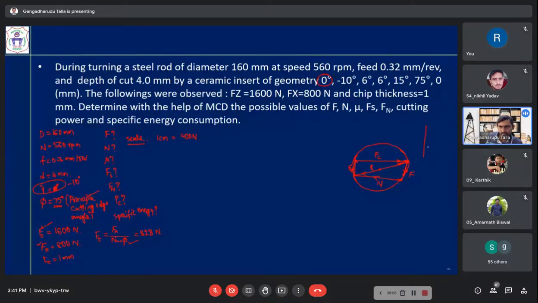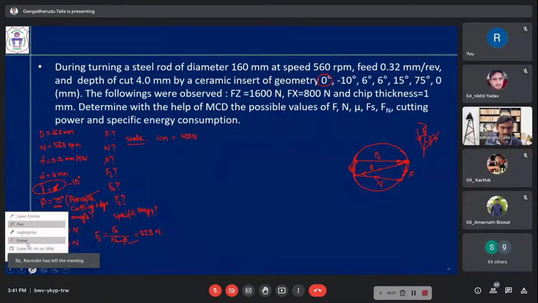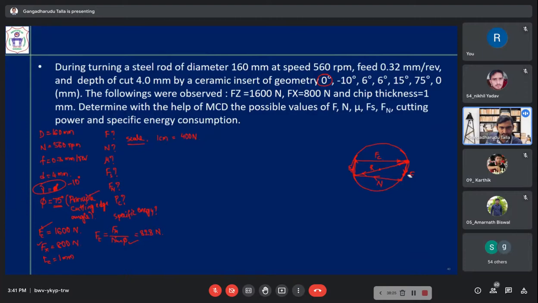This is vertical. If gamma is positive, it will show in this direction; if it is negative, in this direction. Okay, sir, understood. All of you draw this in your notebooks and find out what is F and what is N.